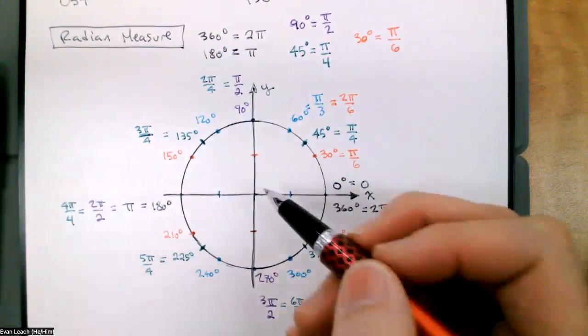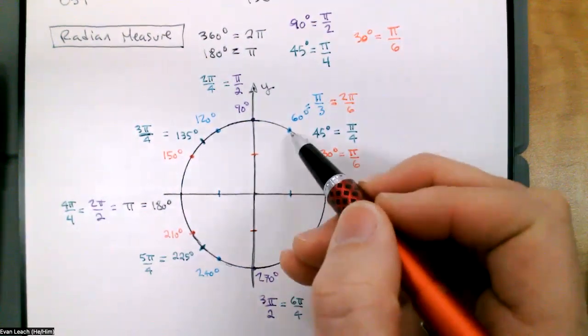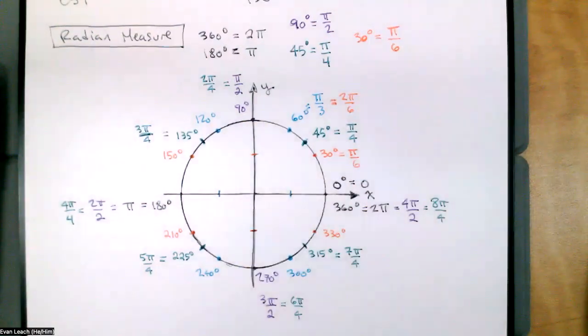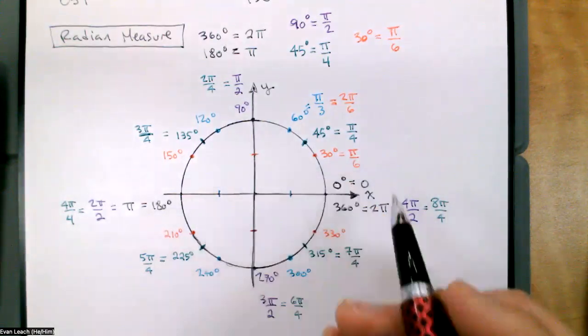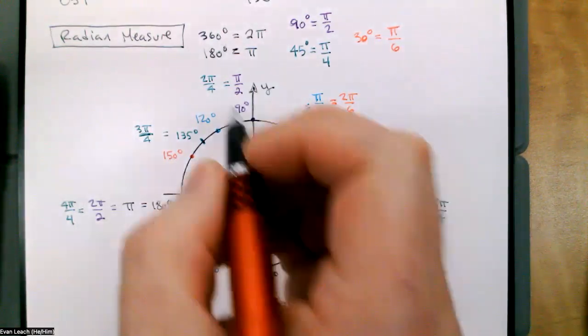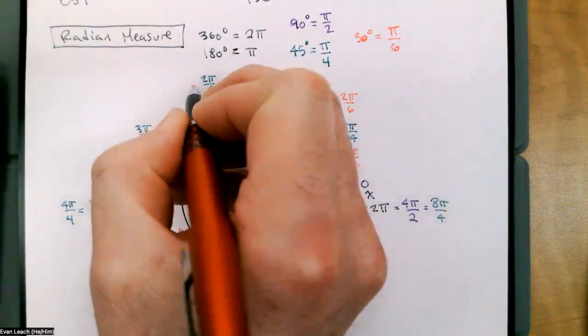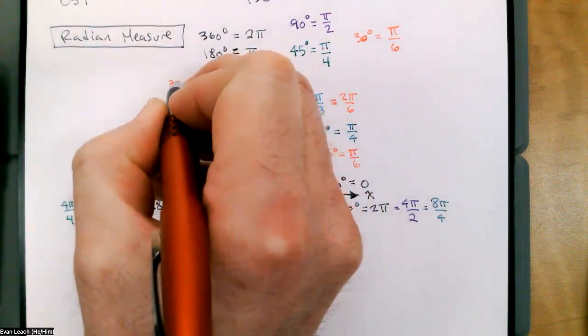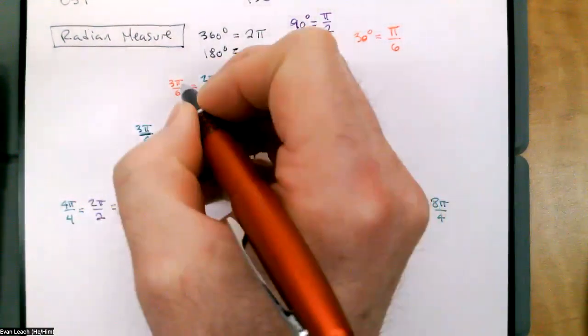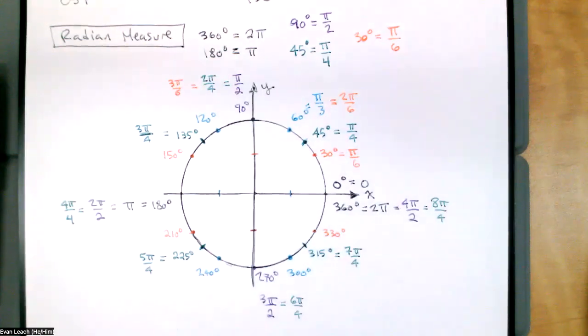So here's 1 30. 2 30s. Where's 3 30s? 90. And that'll be 3 pi over 6. Where's 4 pi over 6 going to be? 120. But what are we going to call 4 pi over 6?